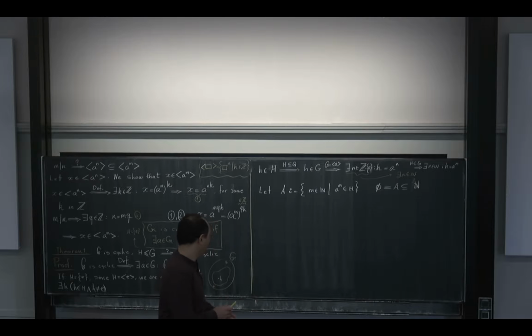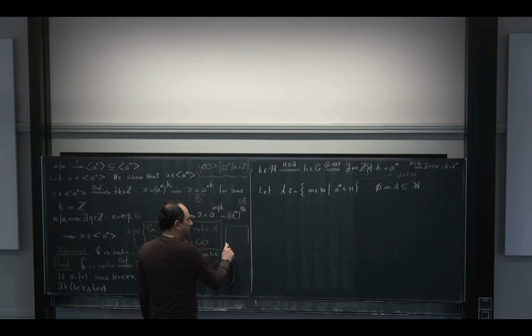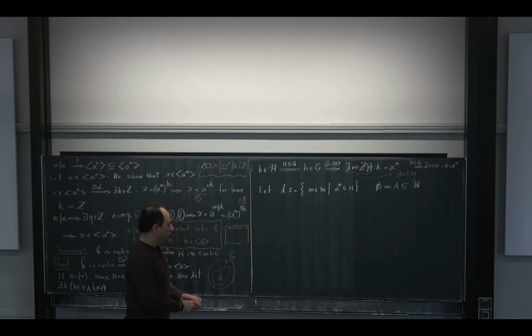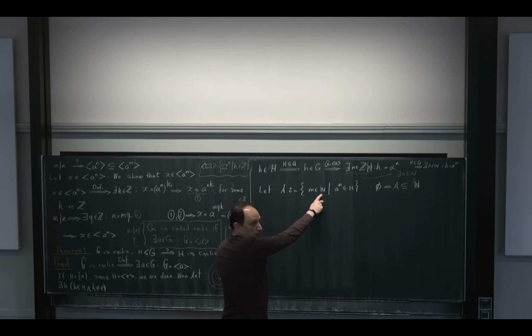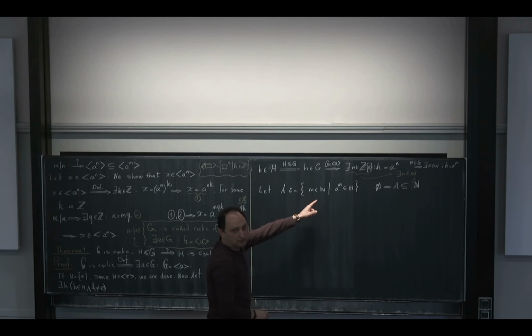Okay, so let me give you a little bit of a feeling. If I want to understand what A is, you have a set N, which is 1, 2, 3, etc. So what you do, you pick one from N, raise A to power 1, it becomes A. If A is in H, you put 1 there.